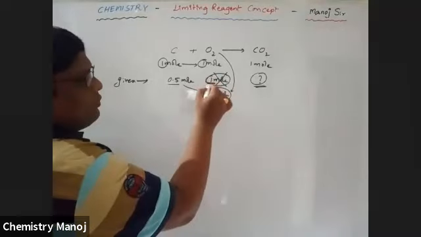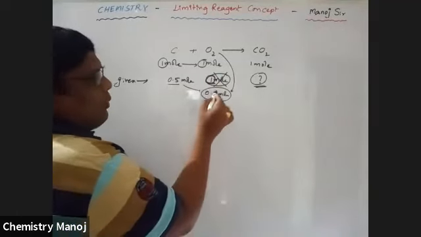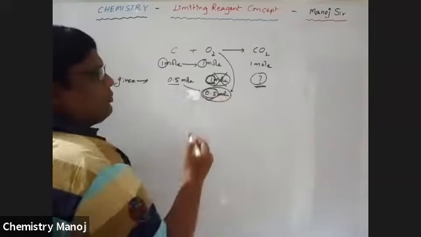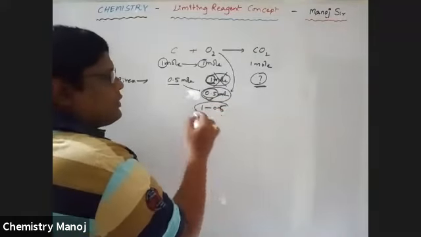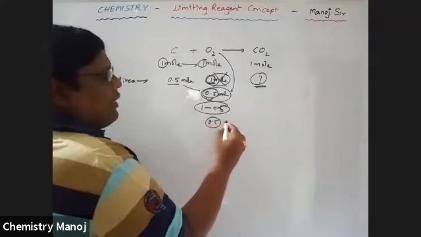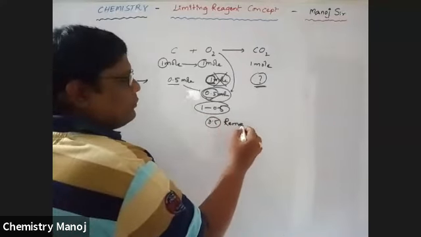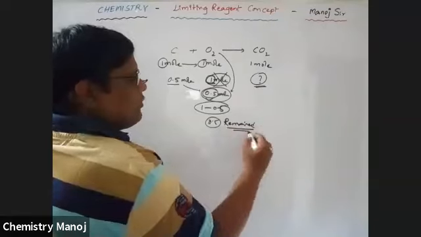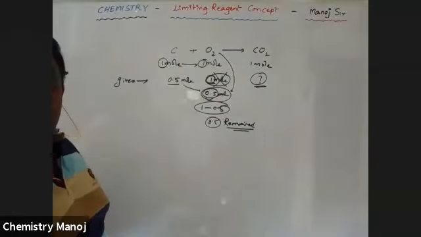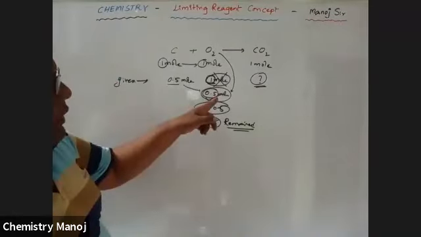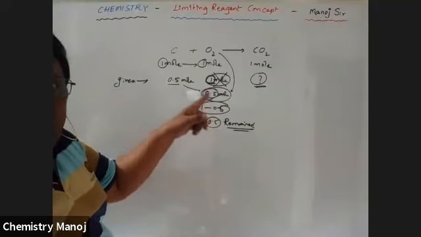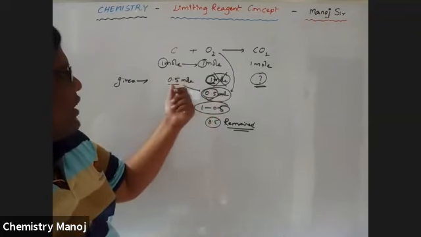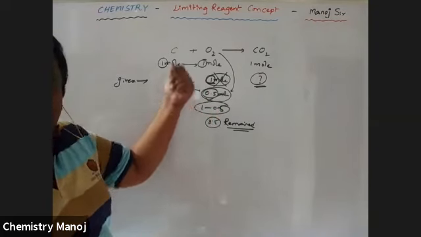Among this 1 mole, 0.5 mole is consumed, and the remaining, that is 1 minus 0.5, this much moles, that is 0.5 moles, remain not involved in the reaction. That means this chemical is in excess amount for the completion of this 0.5 mole of carbon.